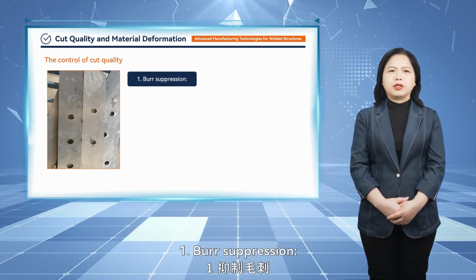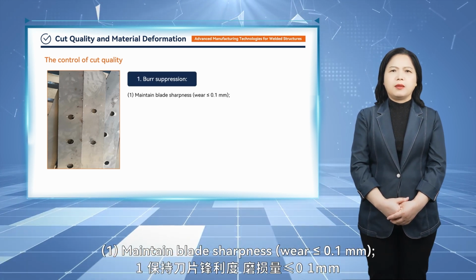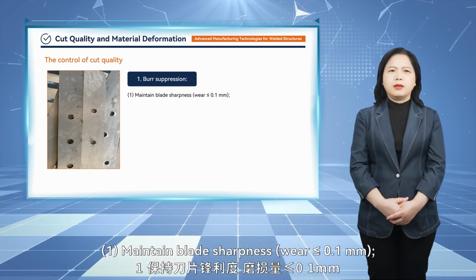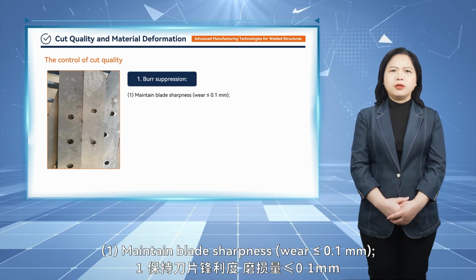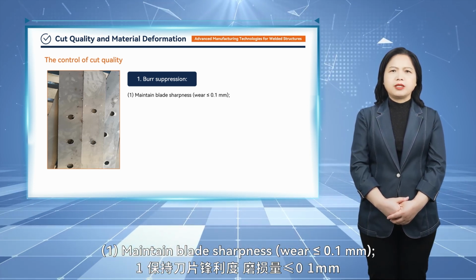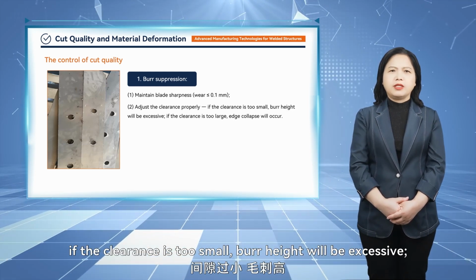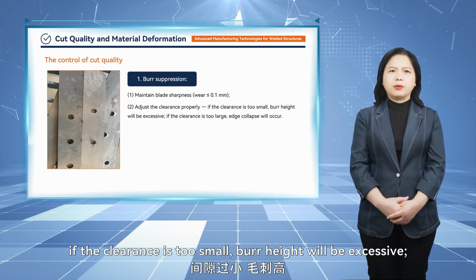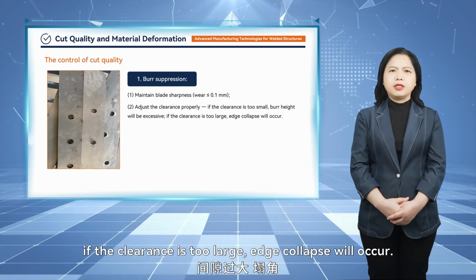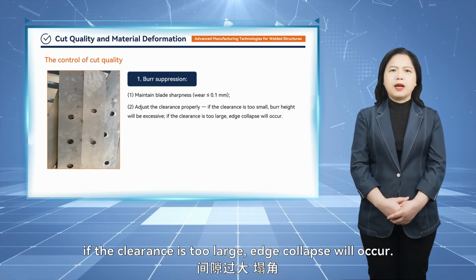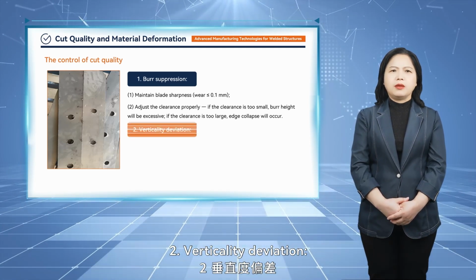1. Burr suppression. 1. Maintain blade sharpness, where the edge radius is less than or equal to 0.1 mm. 2. Adjust the clearance properly. If the clearance is too small, burr height will be excessive. If the clearance is too large, edge collapse will occur. 2.